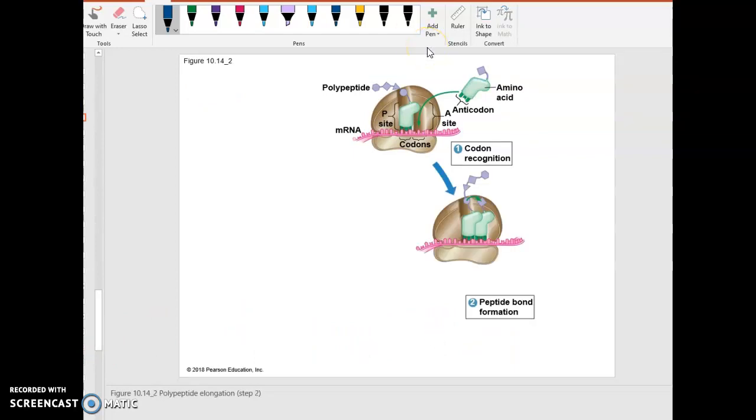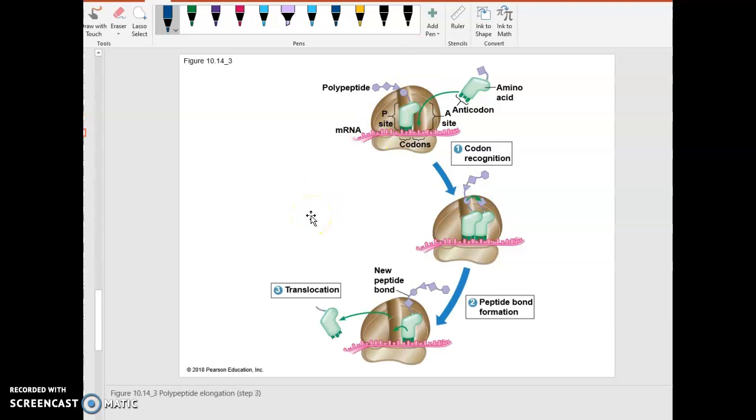The second step of elongation is going to be peptide bond formation. So this green arrow here, the circle amino acid is now going to be bound to the square amino acid. So we have a new peptide bond, and the peptide chain is now not on this codon, it's on the new one, the one that just came in.